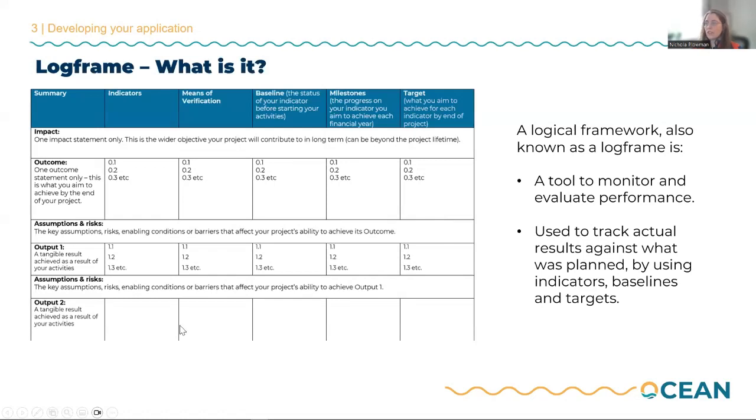This is used to track your actual results against what you've planned by using a series of things called indicators, baselines, and targets. This is the place to dive into the details of what you've put in your pathway to change and your theory of change, and think about the nuts and bolts of how you're actually going to monitor how you move from your inputs all the way up to your impact.